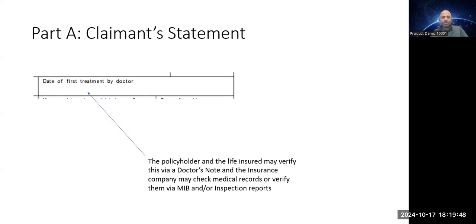Now, this information has to be provided on the form itself by the life insured or the policyholder. The policyholder and the life insured may verify this information via a doctor's note, and the insurance company may check on this information via medical records or via MIB and inspection reports.